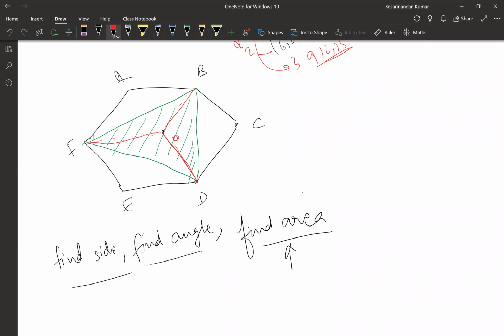There is one parallelogram that is this, one that is this, and one that is this. So guys, I just want to know, are these three parallelograms congruent or not?